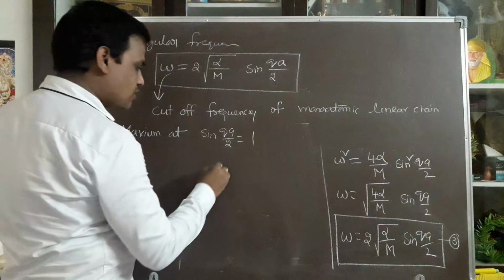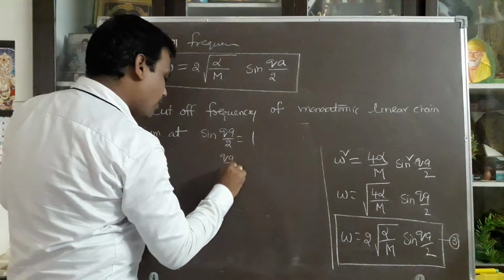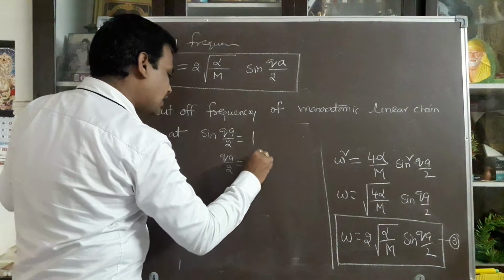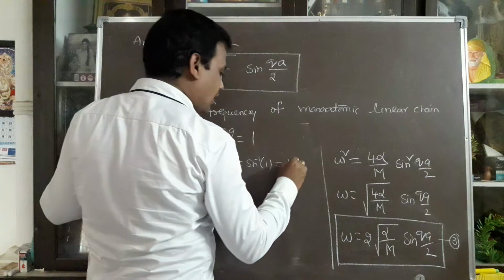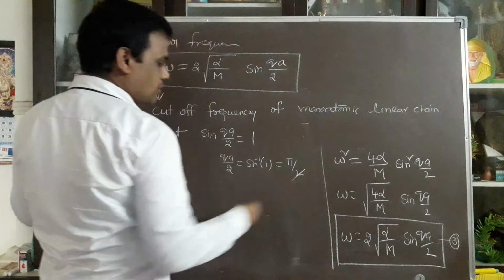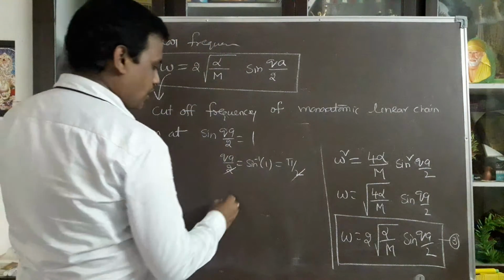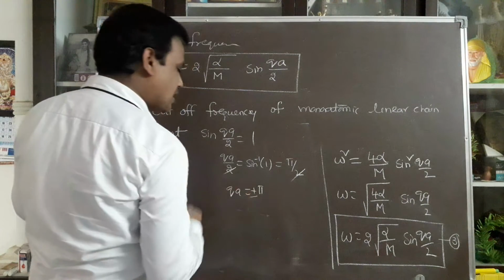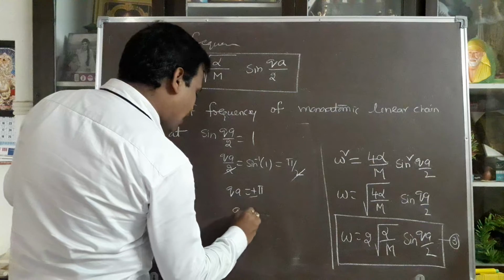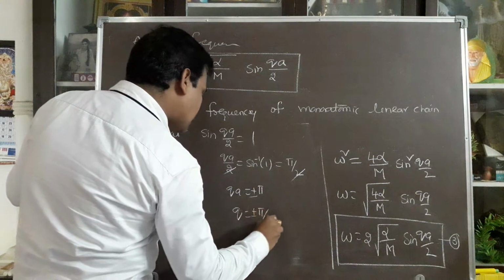Sine of qa by 2 is 1, so qa by 2 is equal to sine inverse of 1. At what condition is sine 1? Particularly 90 degrees, pi by 2. These two get cancelled. Then qa value is equal to pi, otherwise plus or minus pi. Then the wave vector q is equal to plus or minus pi by a.